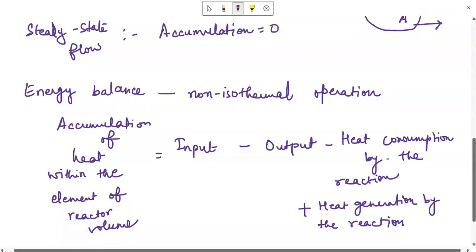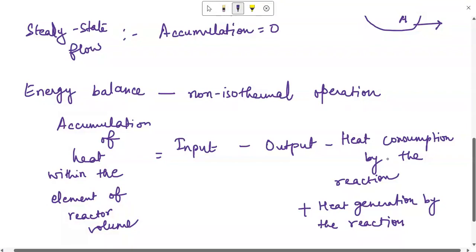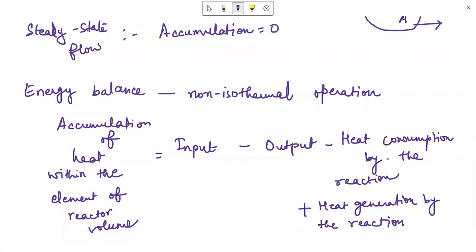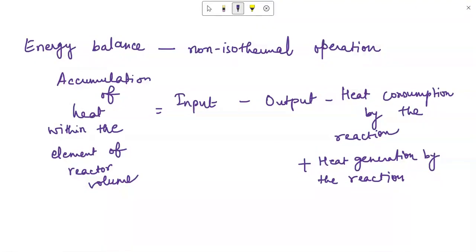So if you are having an endothermic kind of reaction, then obviously heat will be consumed. But if you have an exothermic type of reaction, then heat will be generated by the system. So these two are the main building blocks of reactor design. To study any real world system, the idea is that you incorporate this material balance and energy balance together.